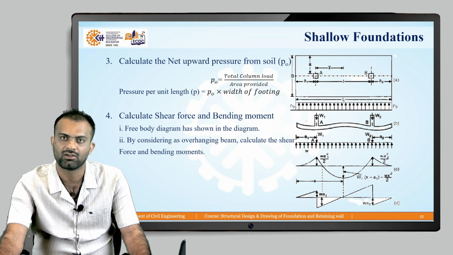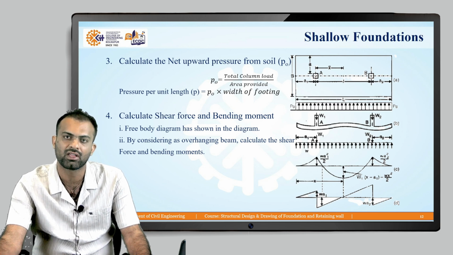We have two columns at the edges of the combined footing, so it looks like an overhanging beam. We need to solve this as an overhanging beam having 2 point loads, and in the negative direction there is a positive upward pressure. By taking this as an overhanging beam having 2 point loads and 1 UDL, you have to solve the bending moment and shear force diagram.